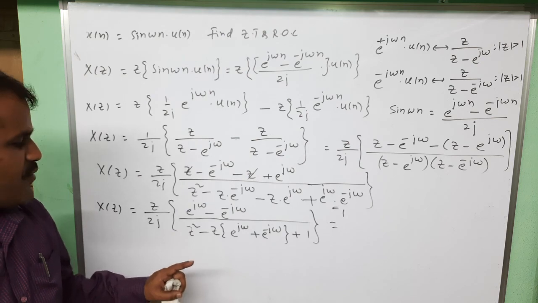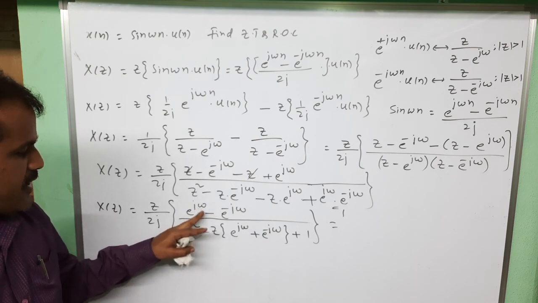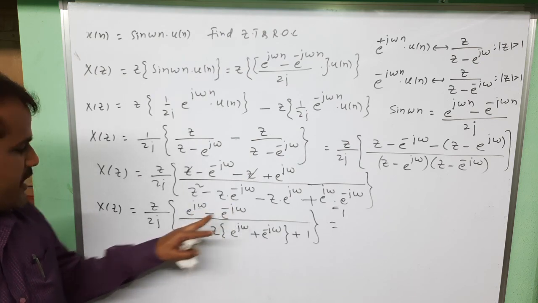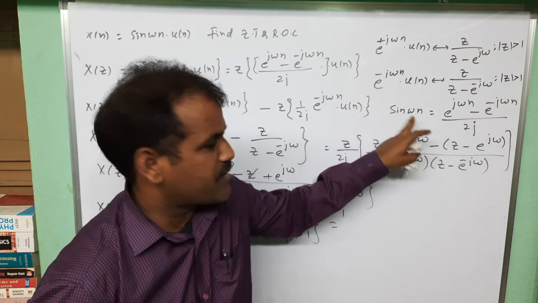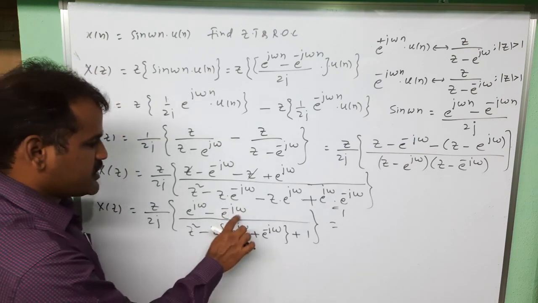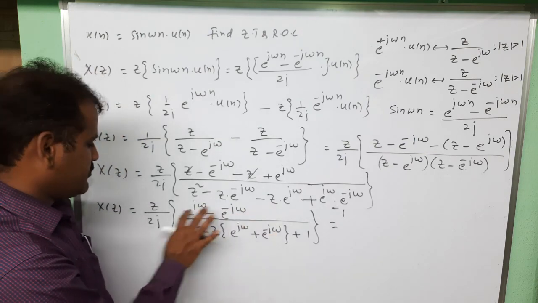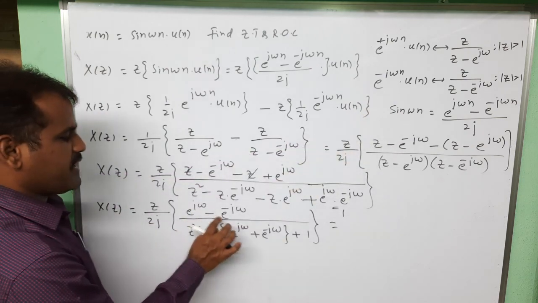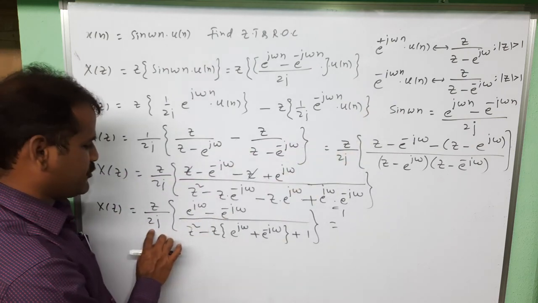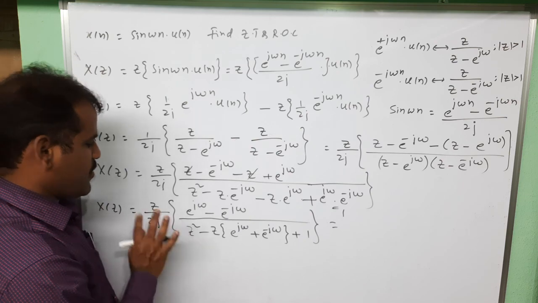Further, we can simplify this expression, e power j omega minus e to the power of minus j omega divided by 2j. This expression, we will get sin omega n. Here we get j omega without n. That means we will get sin omega, that's it. So e power j omega minus e power minus j omega divided by 2j, I am writing as sin omega.